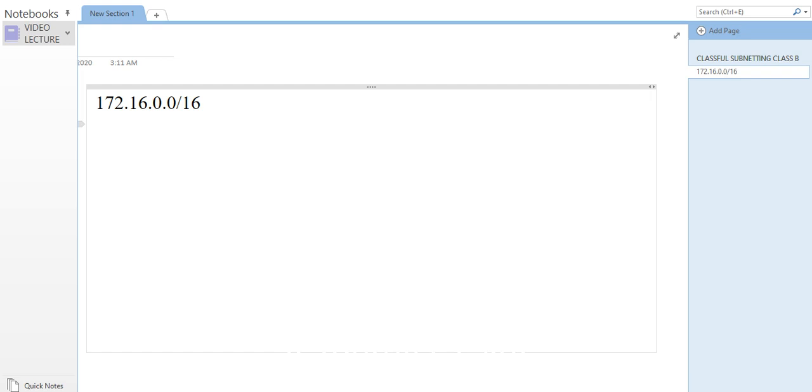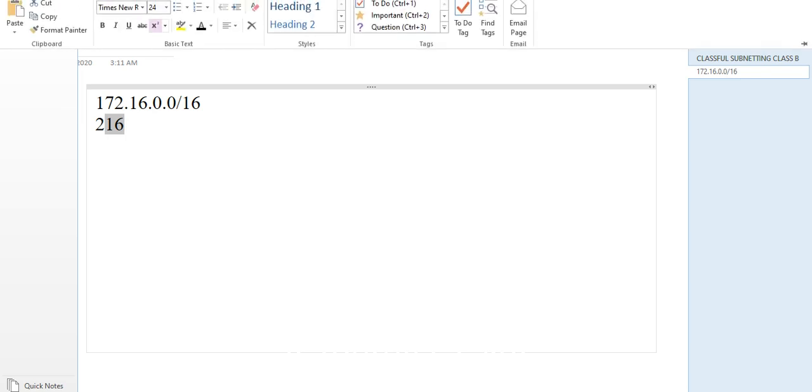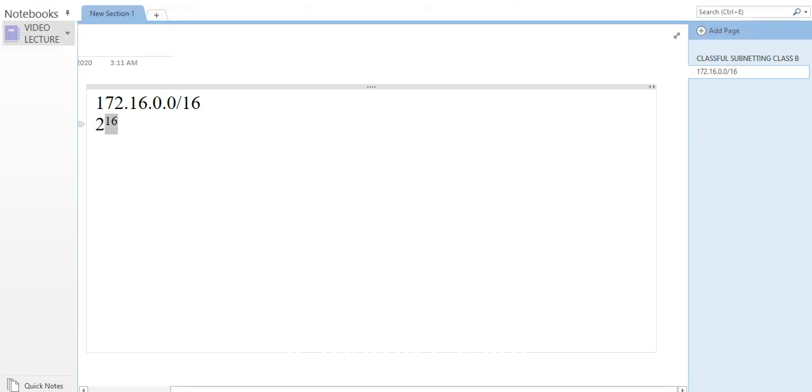The number of networks is 2 to the power of the network bits, and for class B we have 16 bits in the network part. So 2 to the power of 16 gives you 65,536 networks.